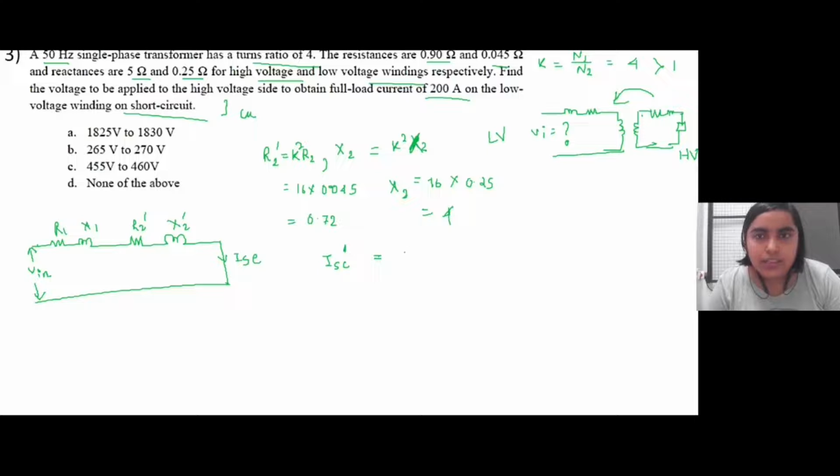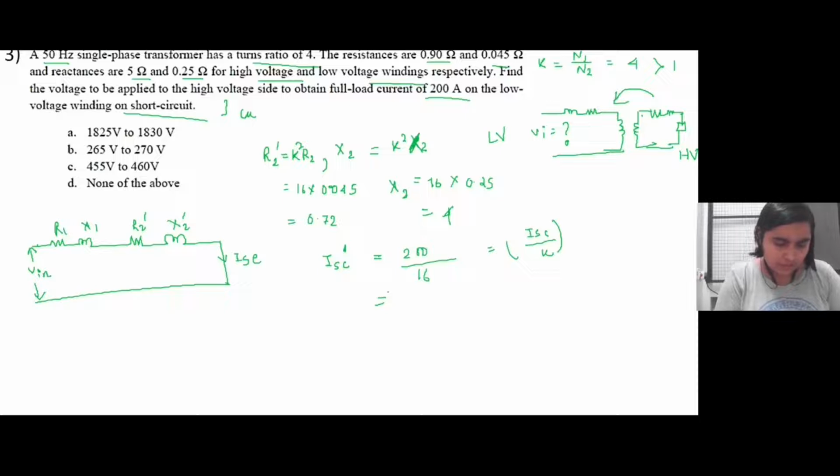So the current given is 200 ampere divided by K. Sorry, it is divided by K, not K square.